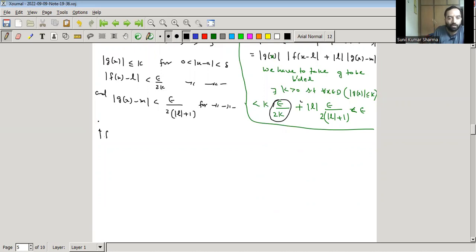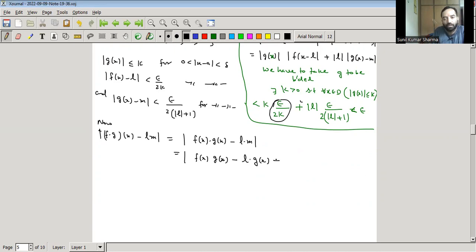Now mod of f into g at x minus L into m. We can write this as f of x into g of x minus L into m. So we use the curly leaf trick, which means we add something and subtract something. We subtract L into g of x and add L into g of x minus L into m.